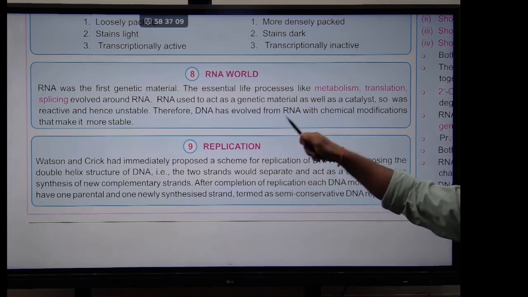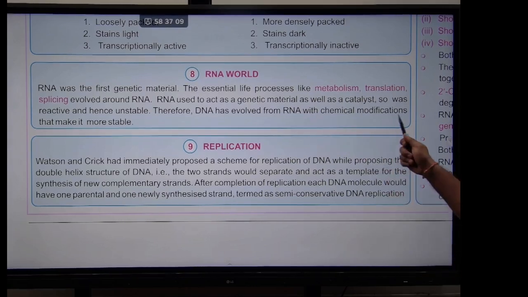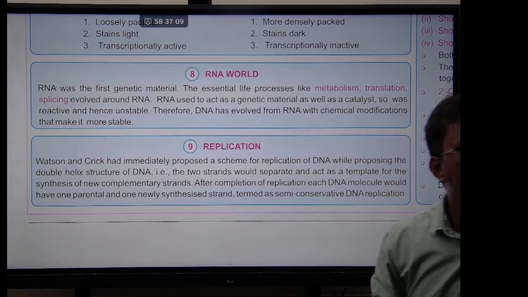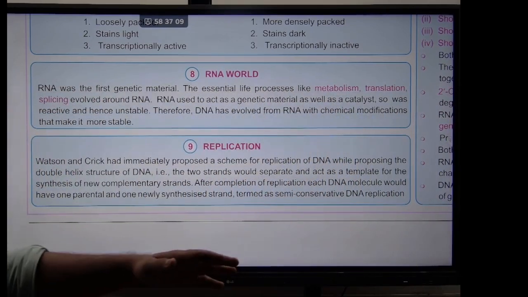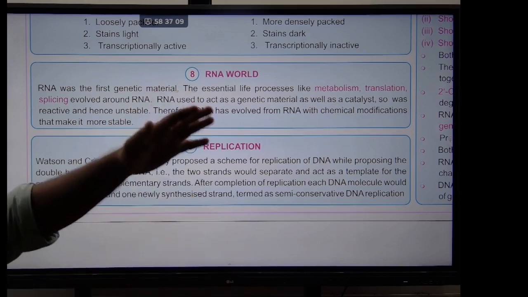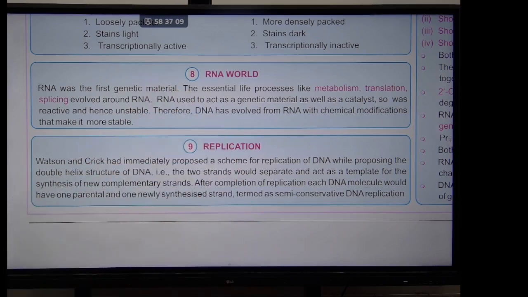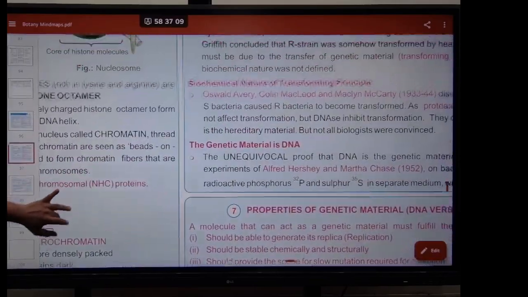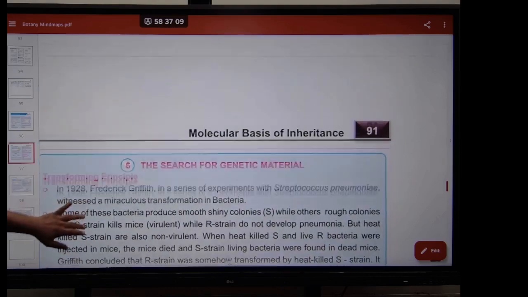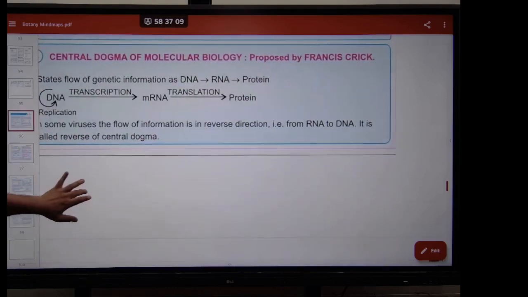Therefore, DNA has evolved from RNA with chemical modifications that make it more stable. DNA can survive for generations, correct? But RNAs, once their function is done, are recycled, correct?